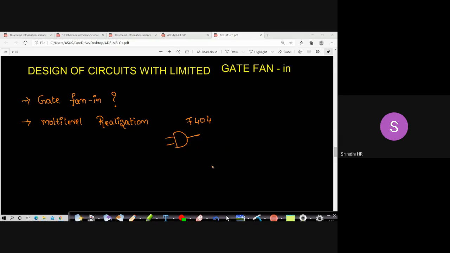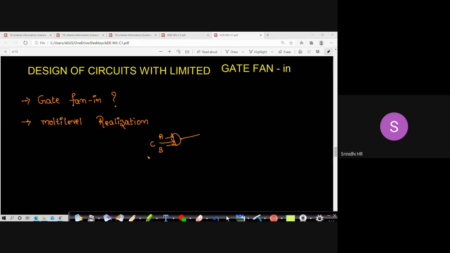Each and every gate has limited inputs. This AND gate is for two inputs. If I want to add another input, there already exist two inputs A and B, and I want to add another input C.